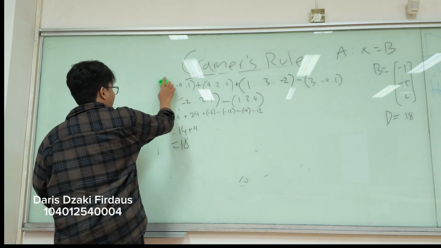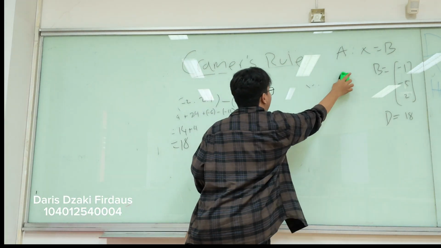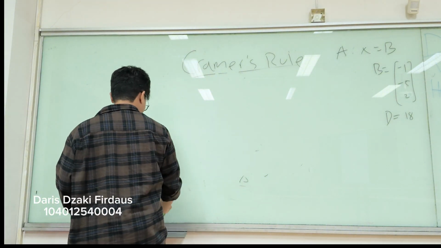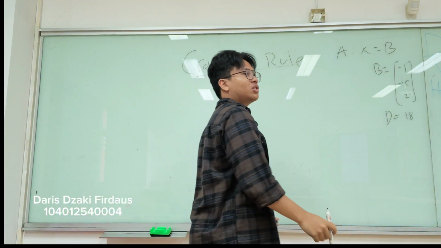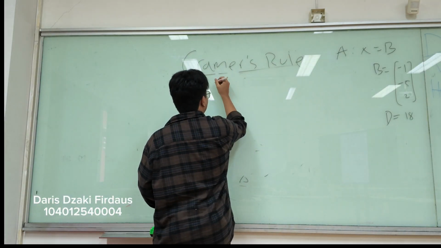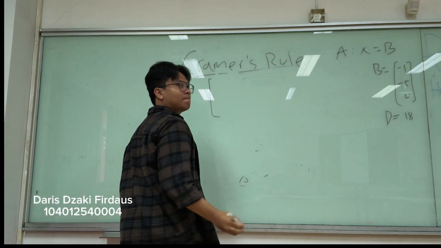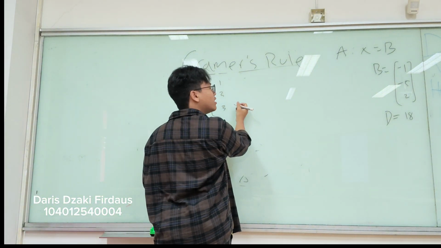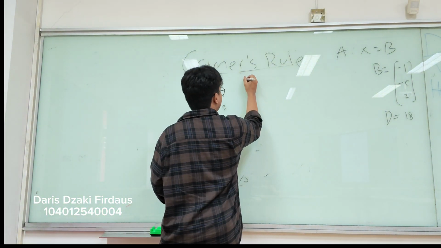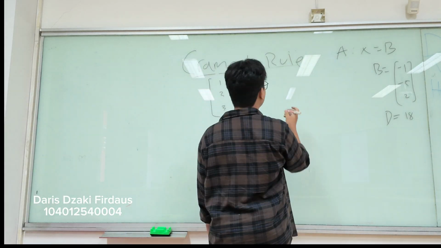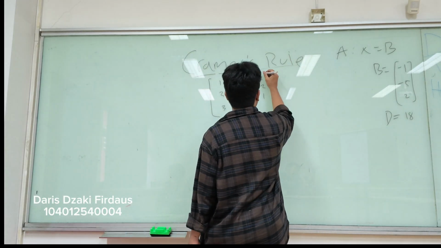Okay, and then we need to find x1 or the D1. So what we are going to do is change the first column of the matrix: 1, 3, 3, 4, minus 4, minus 2, 1, 2, 1.